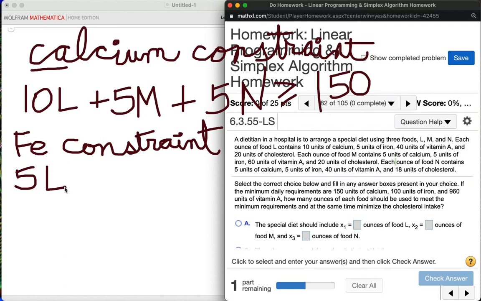Each ounce of food L contains 5 units of iron. Each ounce of food M contains 5 units of iron.